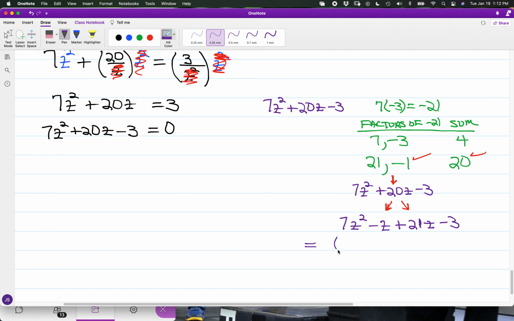And looking at grouping together, so I have 7z squared minus z. Then we have the operation of addition in the middle. And we have the quantity of 21z minus 3.